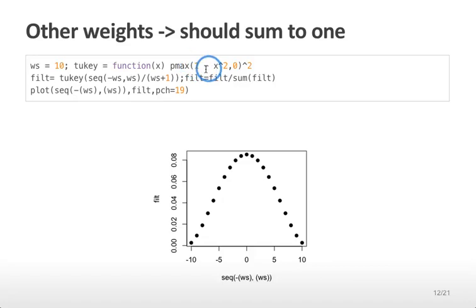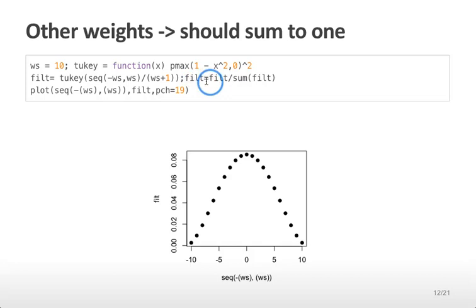It takes all of these values. If it's less than 0, it sets it equal to 0. We then let the filter, or the weights that we're going to be using when we weight the values, be equal to this Tukey function applied to a particular window where the window runs from minus ws to plus ws, and we divide it by ws plus 1.